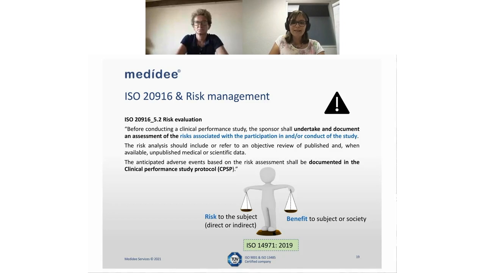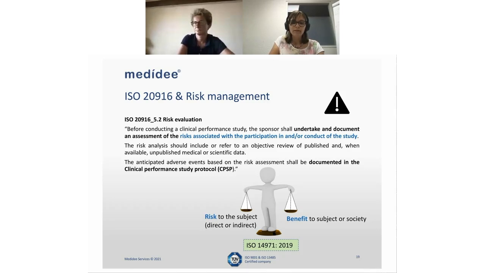These risks need to be documented within the clinical performance study protocol, and you need to be able to demonstrate that the risk to the subject, be it a direct or an indirect risk, is outweighed by the benefits to the subject or to the society when there is no direct benefit to the subject participating in the study.